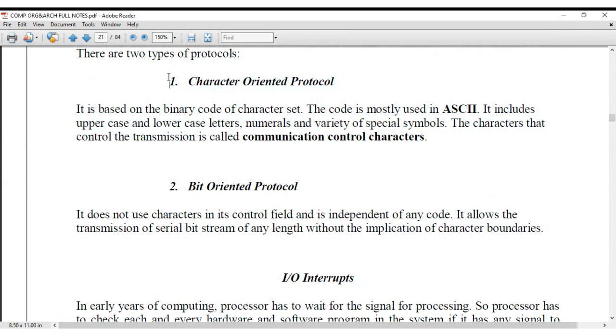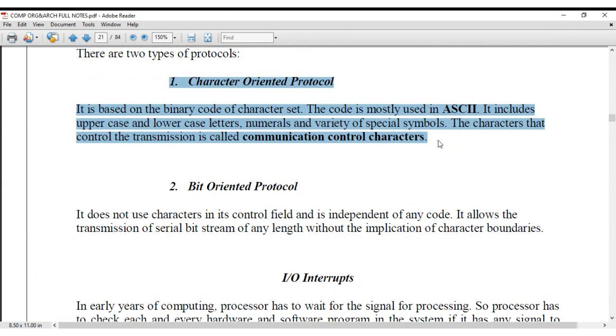Now, character-oriented protocol is the standard for communication if we are using multimedia devices. For instance, screens normally produce images, motion images, videos, also characters themselves, the numbers, letters, special symbols, and such things.